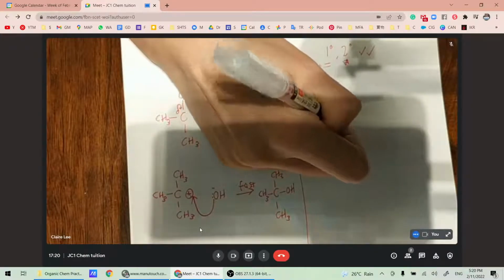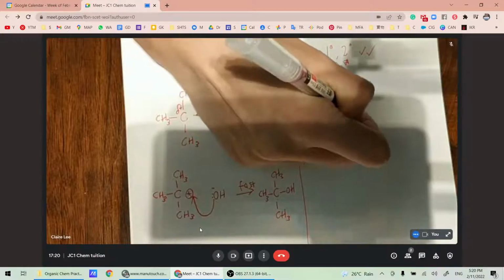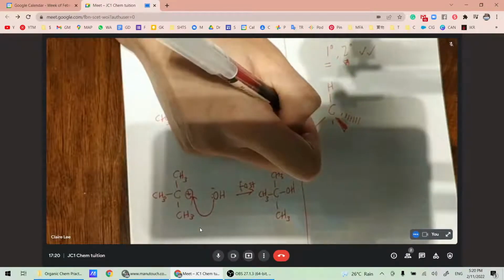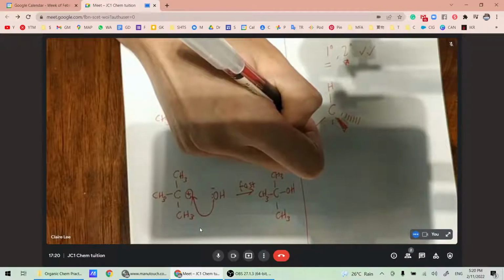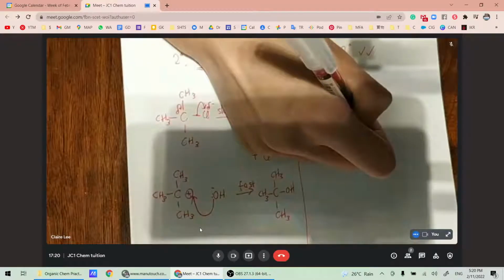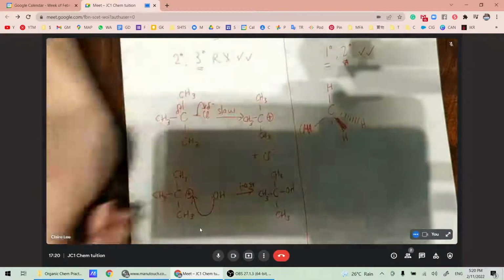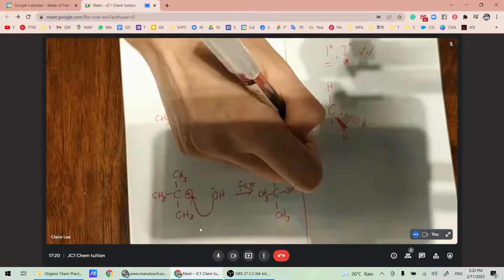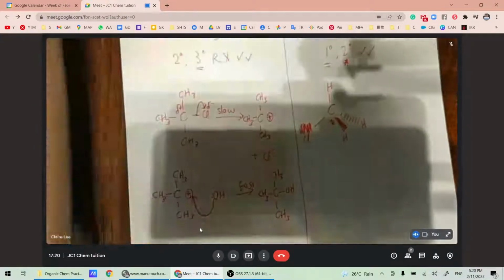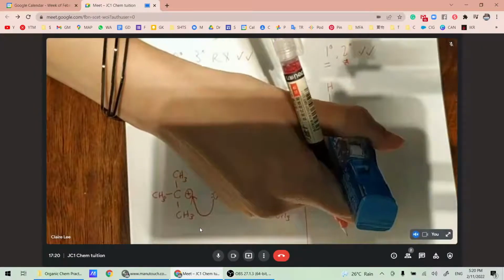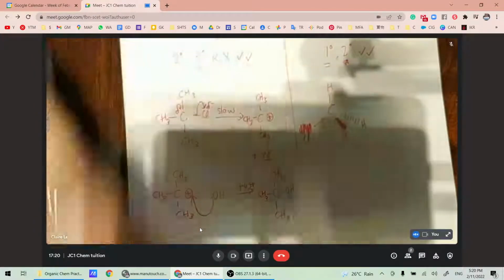So I'm going to draw this in a three-dimensional manner with the dashed and solid wedge. Let's draw the easiest halogenoalkane, a primary halogenoalkane. Then via the slow step, I change the position of my Cl.